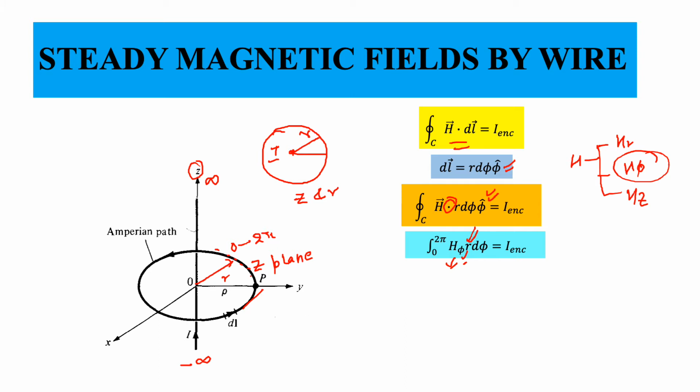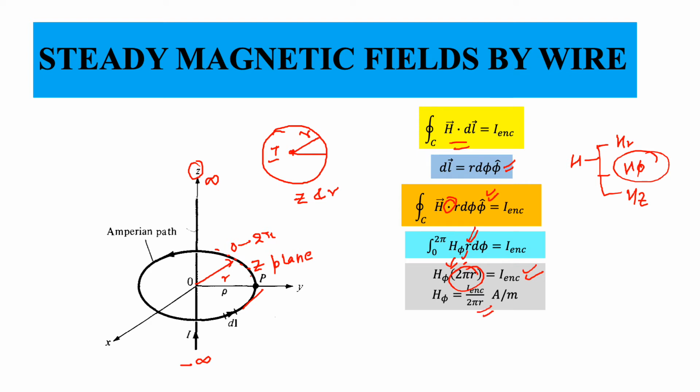When you integrate d phi from 0 to 2 pi, you simply get 2 pi. So the left hand side is H phi times 2 pi r, 2 pi r being the loop circumference, and that equals the total current enclosed. Hence H phi equals I enclosed divided by 2 pi r.